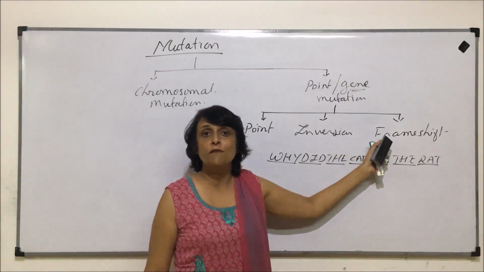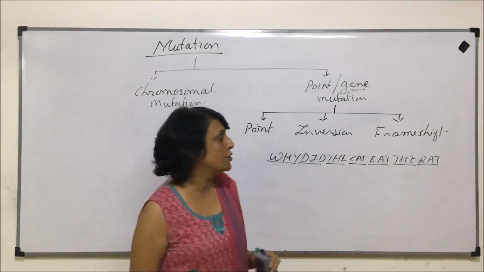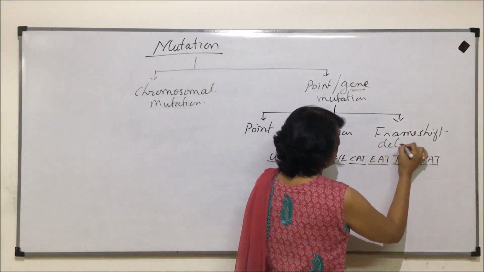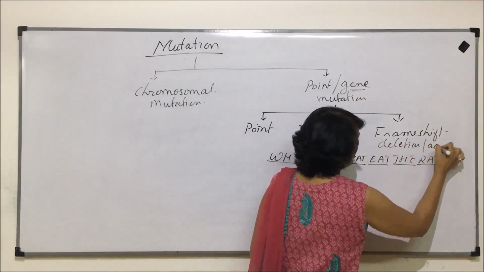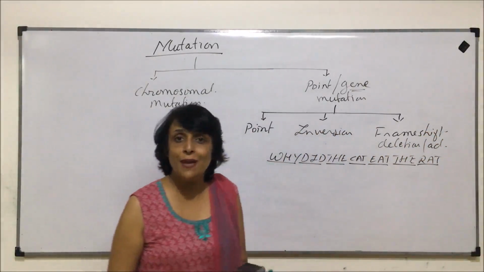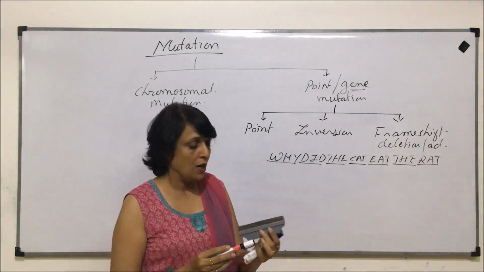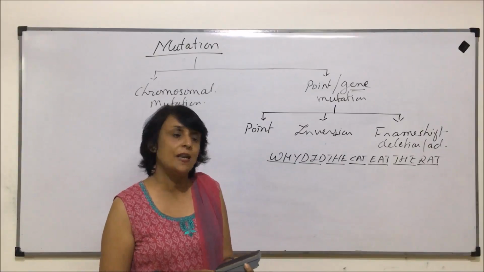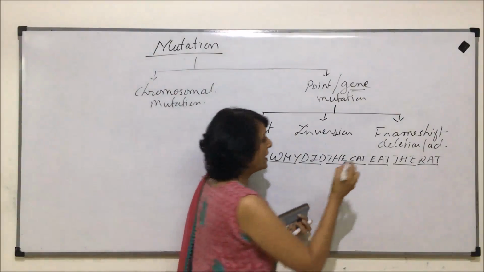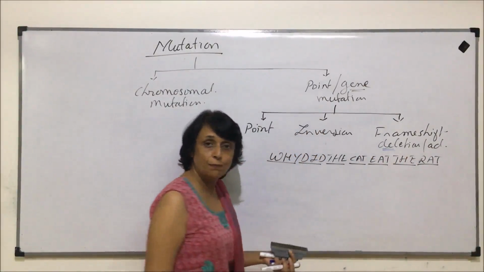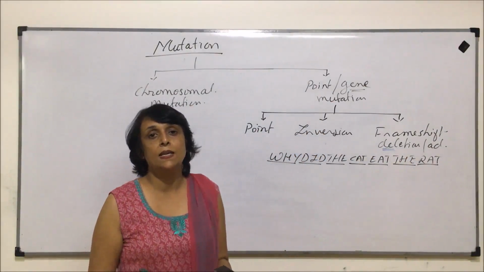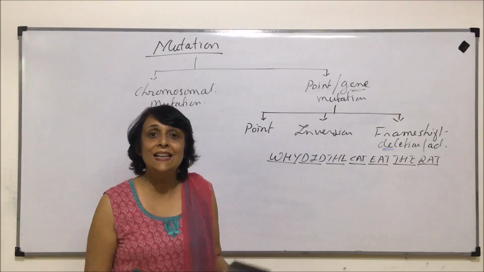Frame shift mutation is caused due to deletion or addition of a nitrogen base. We'll take both examples to understand what exactly happens in frame shift. Say we are talking of deletion. That means one nitrogen base gets deleted.